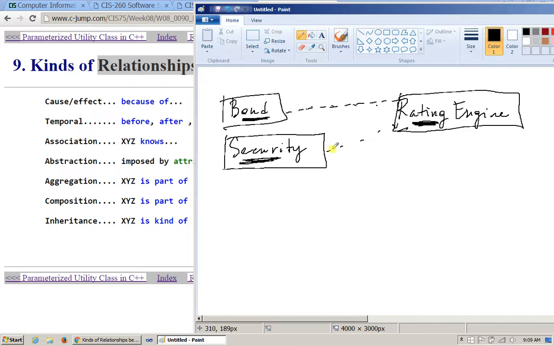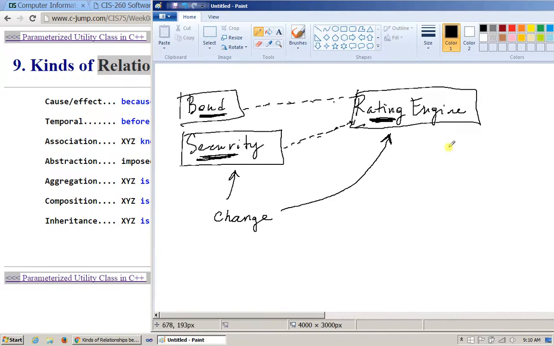We actually want to indicate the dependencies on our diagrams. That basically is what a dependency relationship indicates: a change, right? If there happens to be a change inside the security class, it's very likely that we also have to go and examine very closely the implementation of the rating engine in our application, and make sure that at least it still does what it's supposed to do, okay?